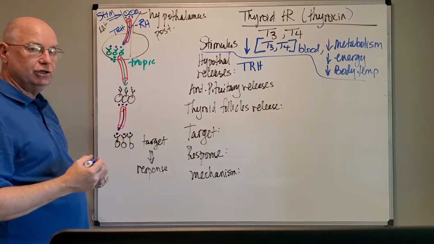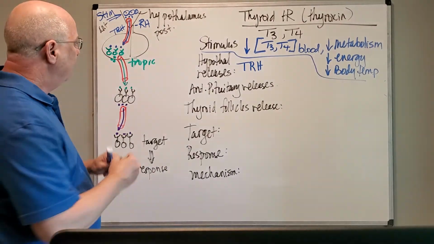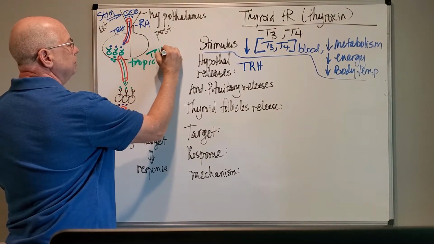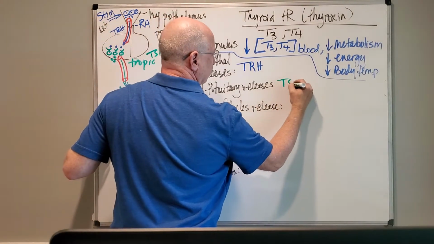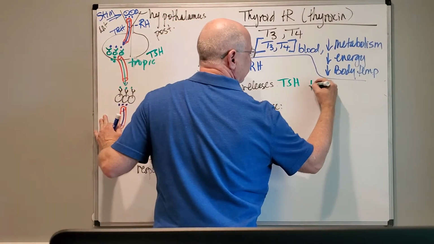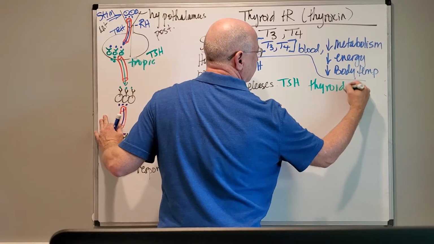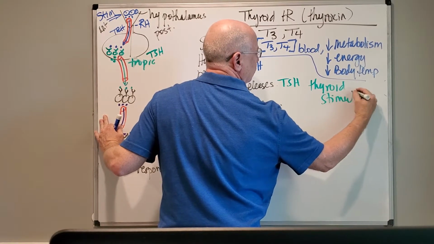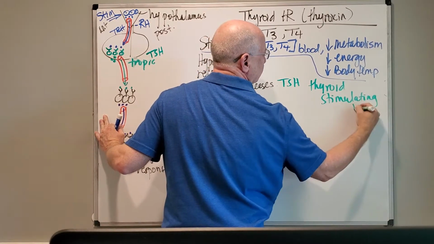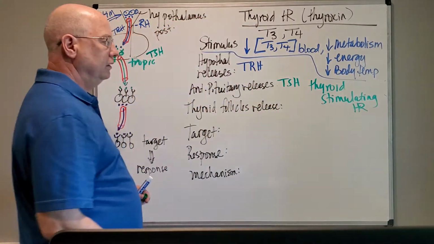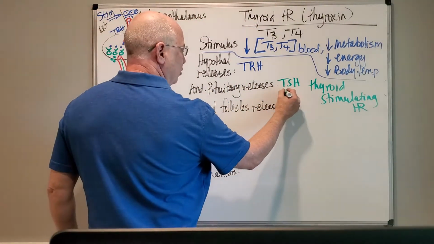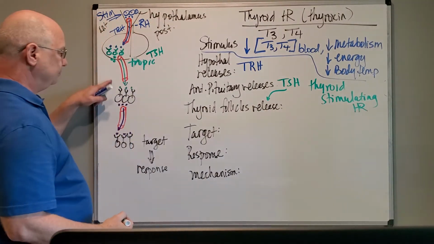TRH will target the cells of the anterior pituitary, and they're going to release a tropic hormone called TSH. TSH stands for thyroid stimulating hormone. TSH is going to go and target the thyroid follicles.